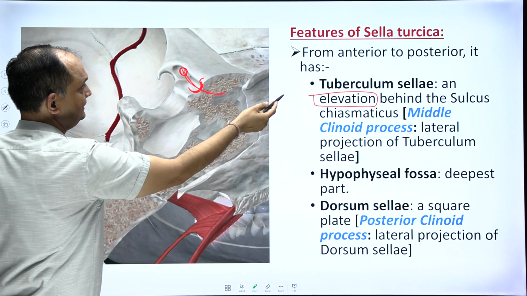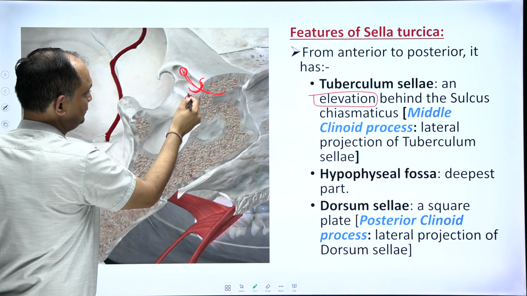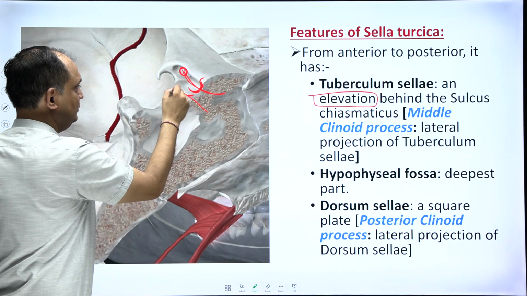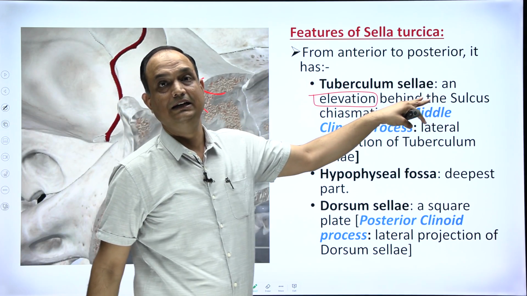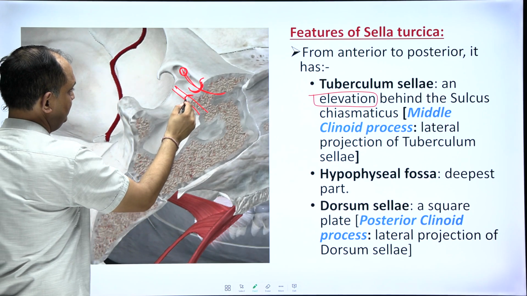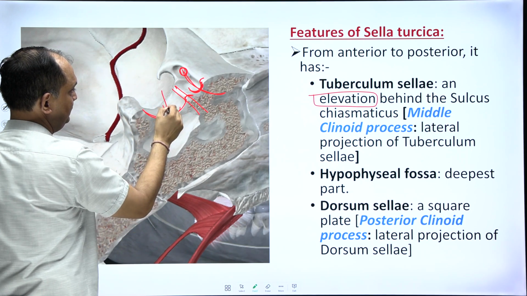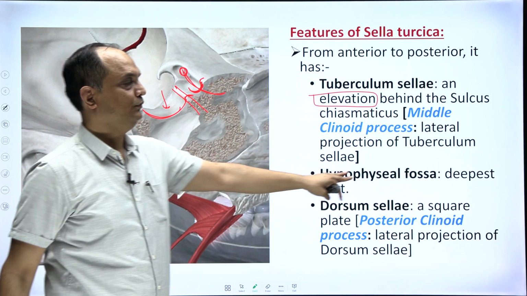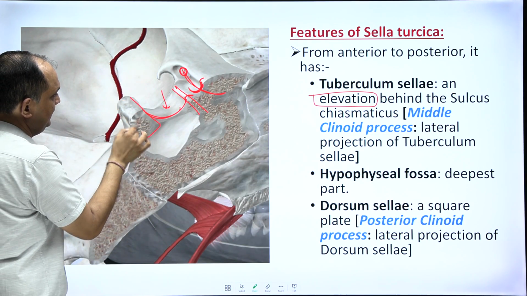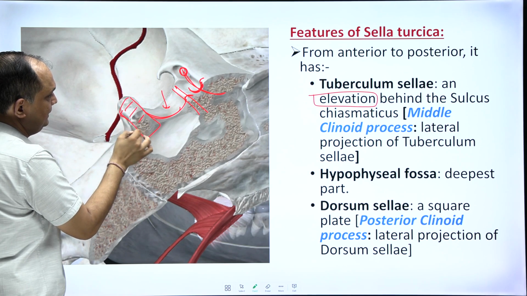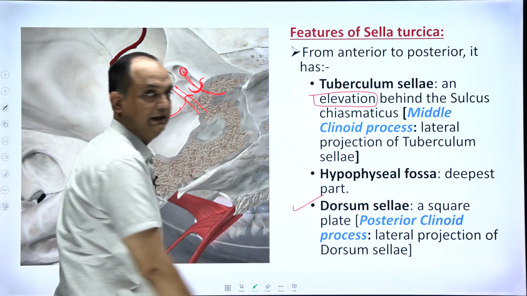Behind the sulcus chiasmaticus you can see a small projection. This longitudinal horizontal projection is known as tuberculum sellae. Behind this tuberculum you have this depression for the pituitary gland, known as the hypophyseal fossa, and behind the fossa again you have a bony plate, known as the dorsum sellae.